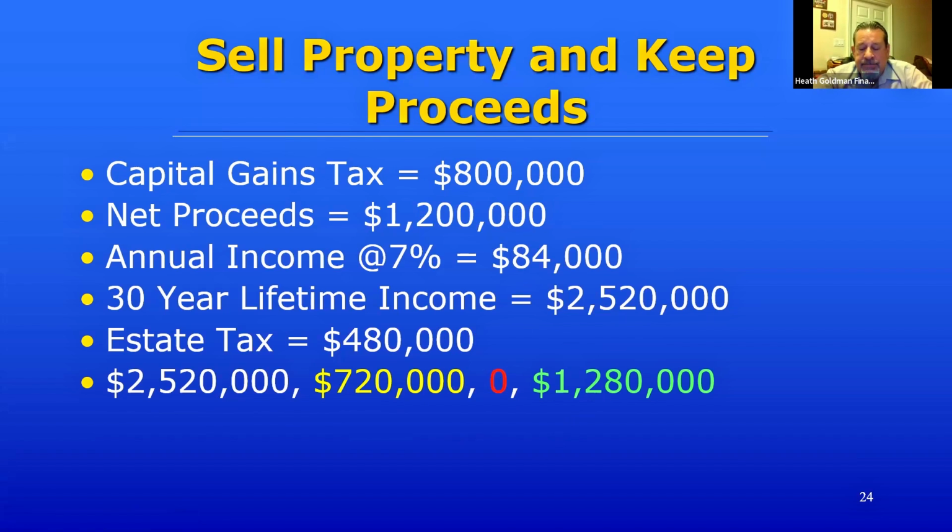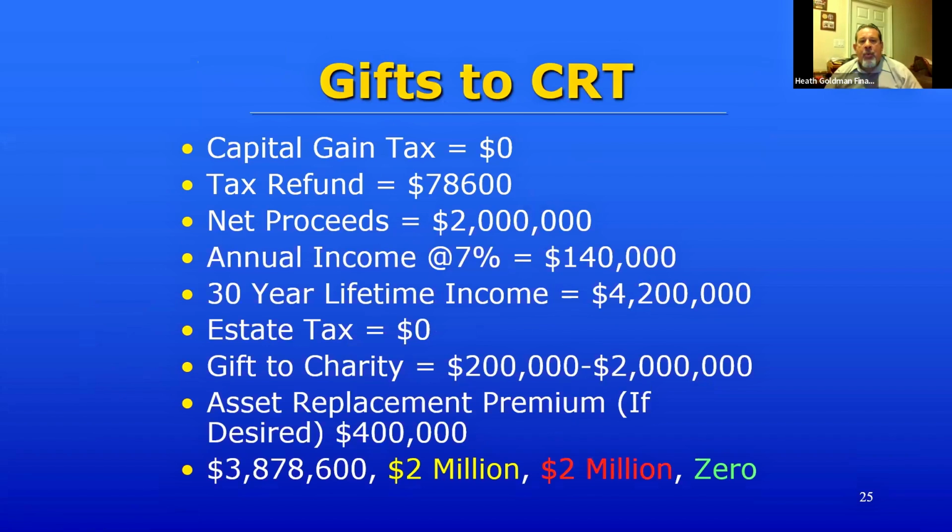So what can we do? We could gift this asset to the tax-exempt trust, commonly called a charitable remainder trust. As I mentioned, it's a tax-exempt trust. There is zero capital gains tax.